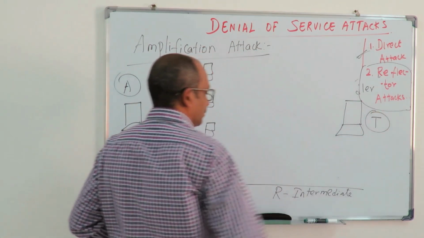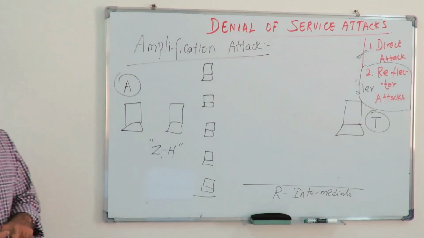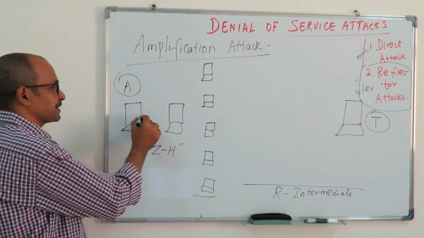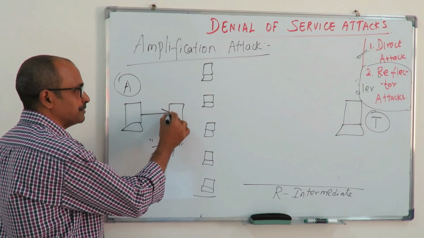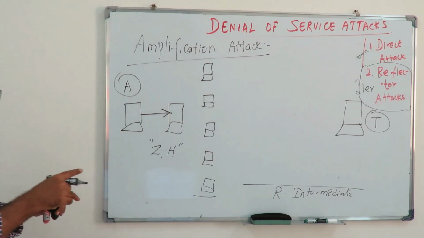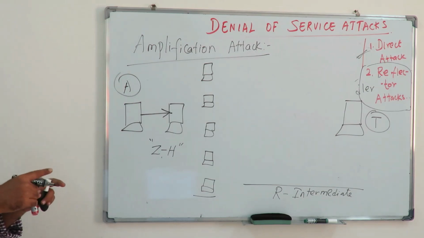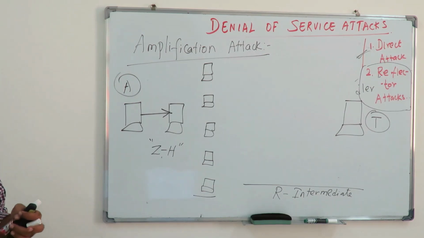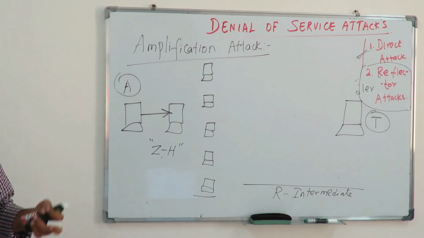So what is the concept here? The attacker is giving the instruction, or he is going to trigger the denial of service attack. This is a distributor, and also it is going to be amplified. Amplified means it will be multiplied. A single attack can be multiplied into many.